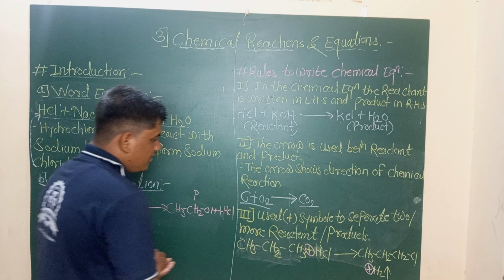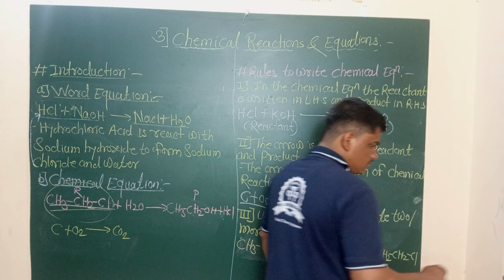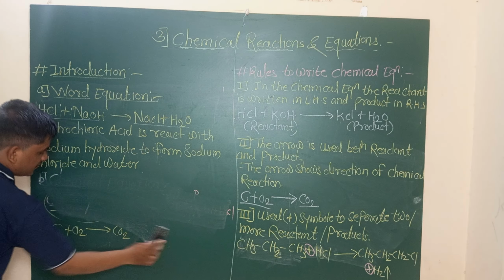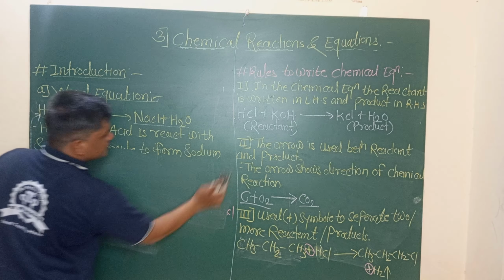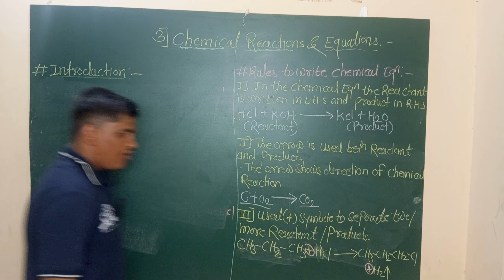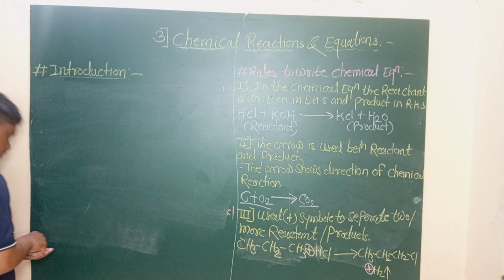Then there is the next rule. There are 5 to 6 rules mentioned in the book for properly written chemical equations.